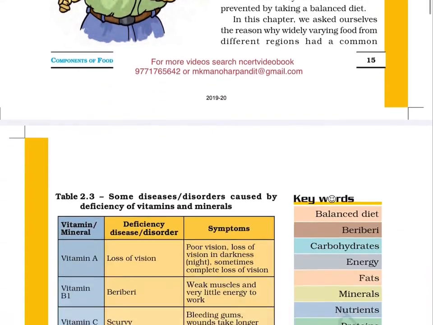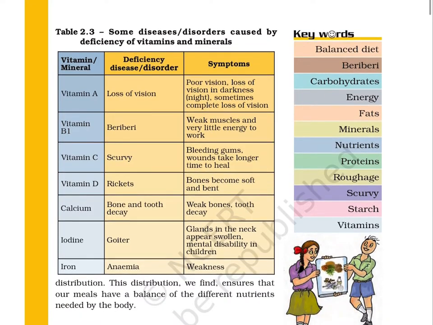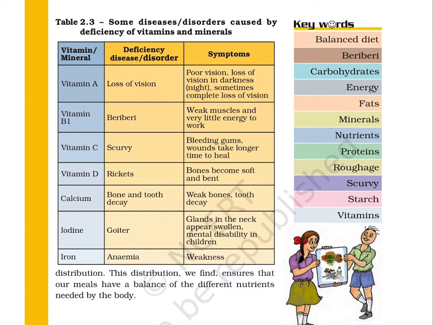Page 16. This distribution, we find, ensures that our meals have a balance of the different nutrients needed by the body. Table 2.3. Some diseases or disorders caused by deficiency of vitamins and minerals.